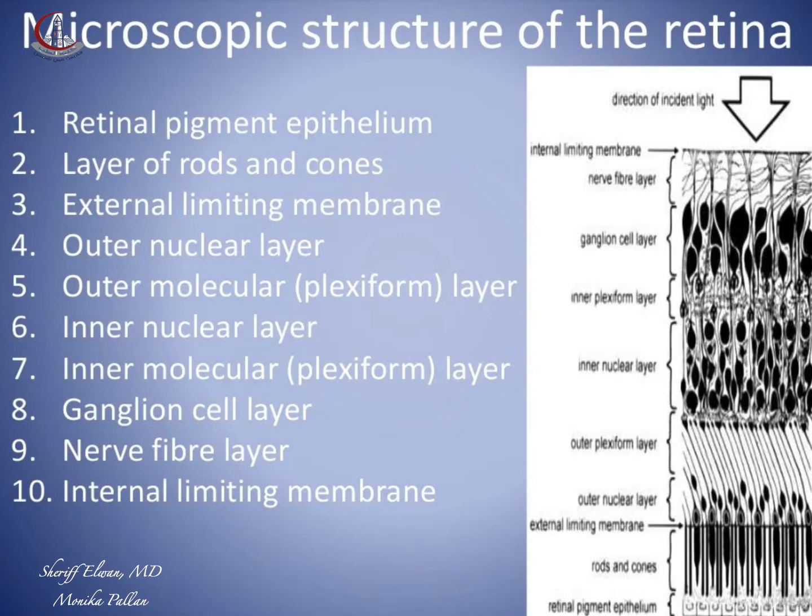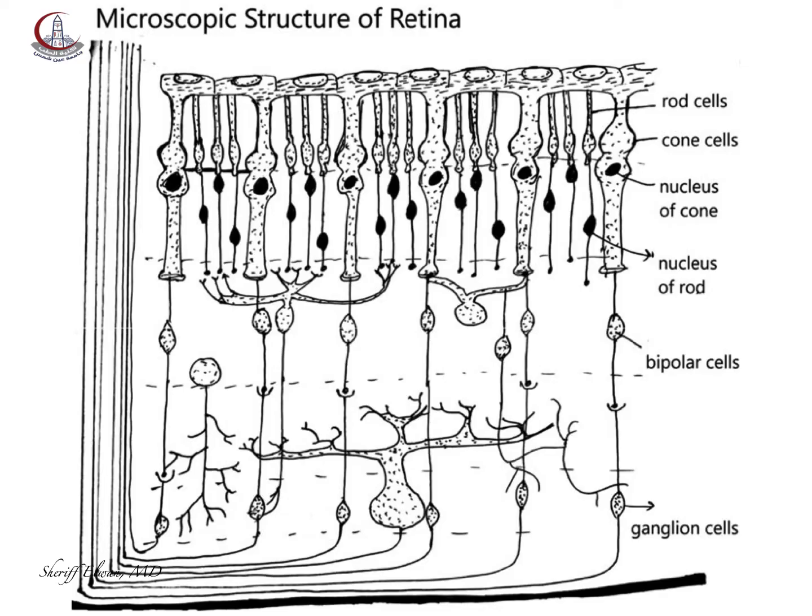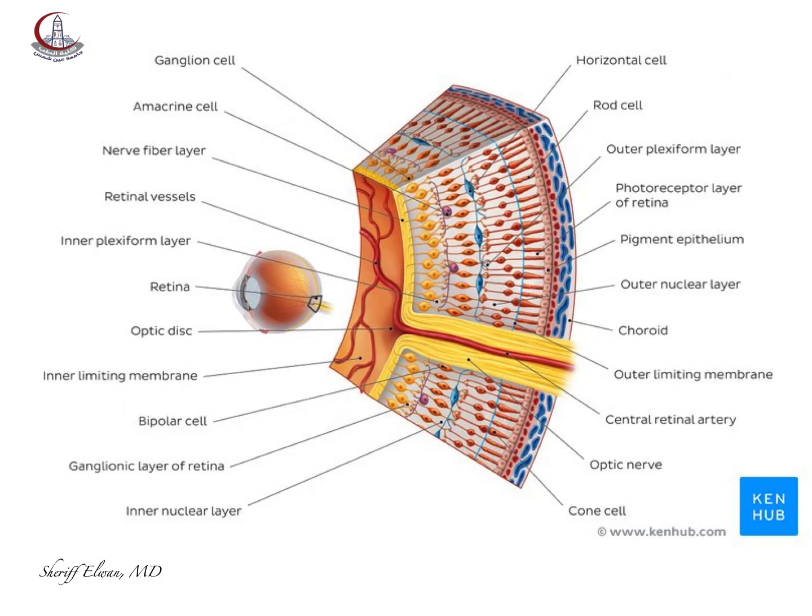So the light passes through all the structures of the retina to be picked up by the outermost photoreceptors, and then this light is transformed into a signal that passes through the nerve fiber layer into the optic nerve.